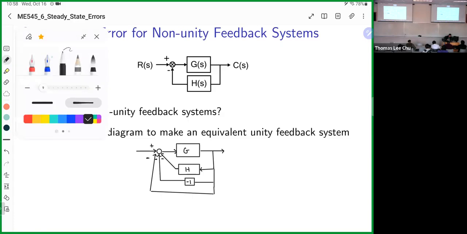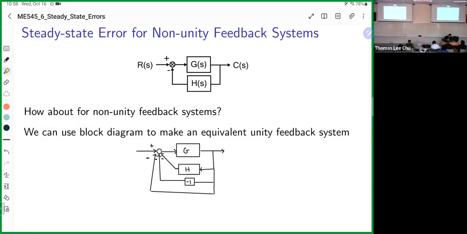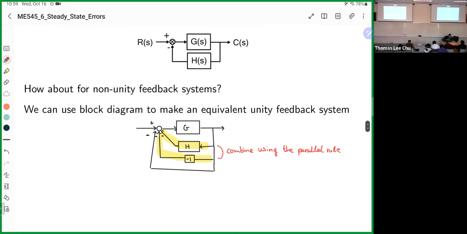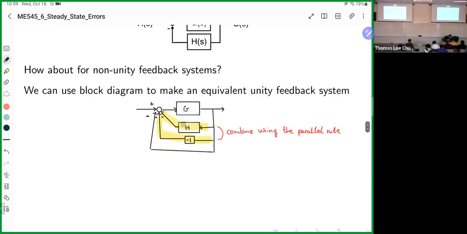Then what the textbook does is add these two lines together using the parallel rule. Once you get that, you get this block diagram.